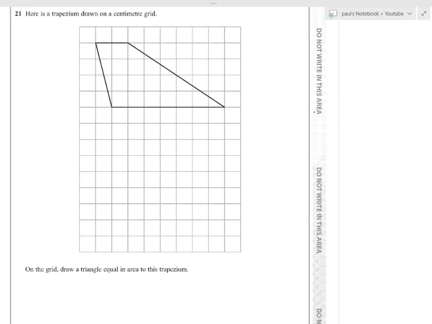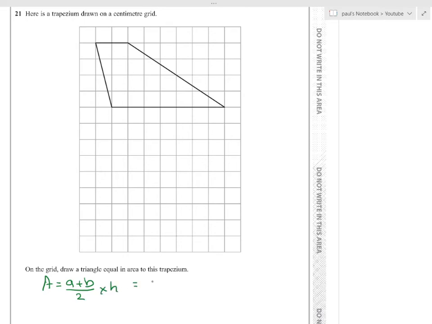Here's a trapezium. Draw on a centimetre grid a triangle equal in area to the trapezium. Now the area of the trapezium is a plus b, so that's top plus bottom, divided by 2, times the height.